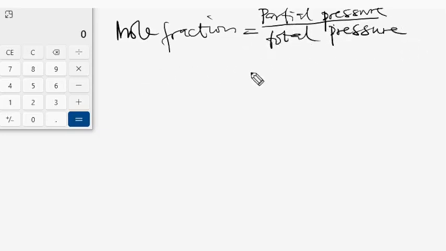So we are given the partial pressure of oxygen here to be 452, and then the total pressure was given to be 780 millimeters of mercury.